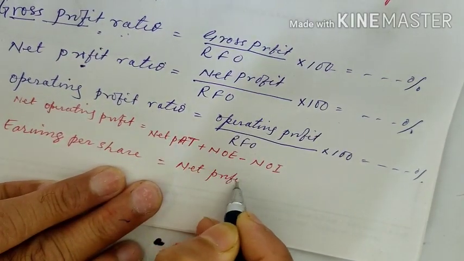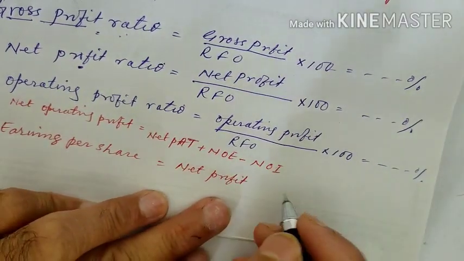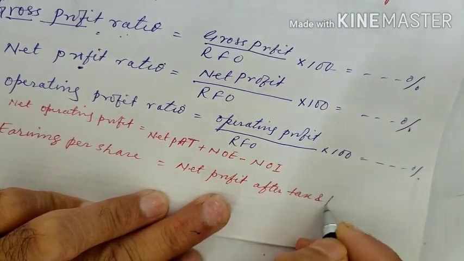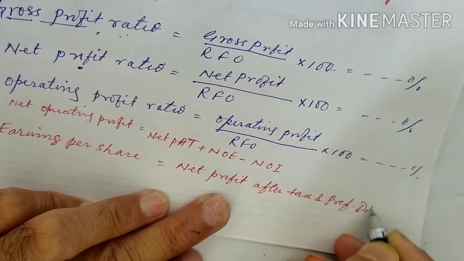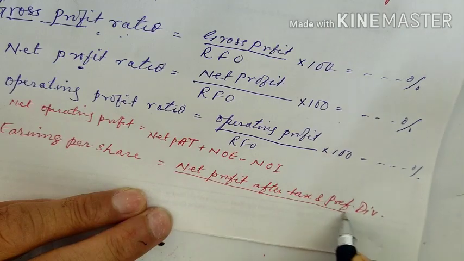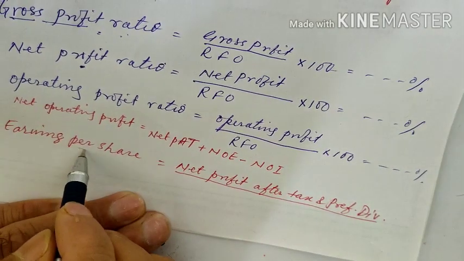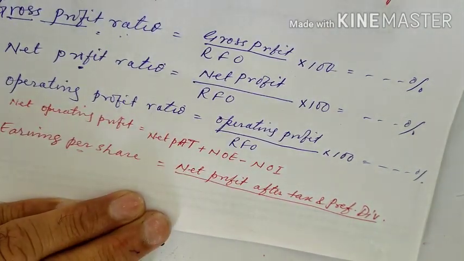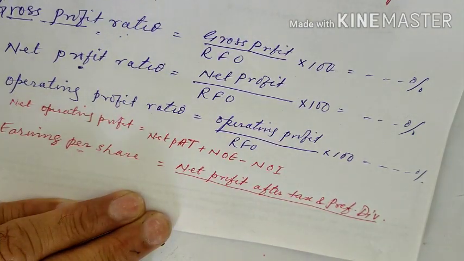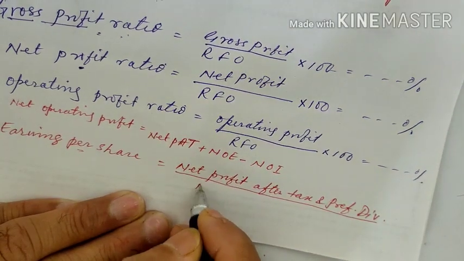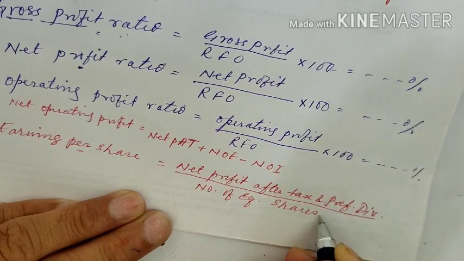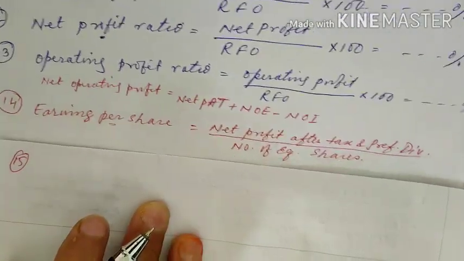Net profit after tax and preference dividend, because this is the amount available to the equity shareholders. And since you are calculating per share, that means you need to divide this total earning available to the equity shareholders by what? Number of equity shares.